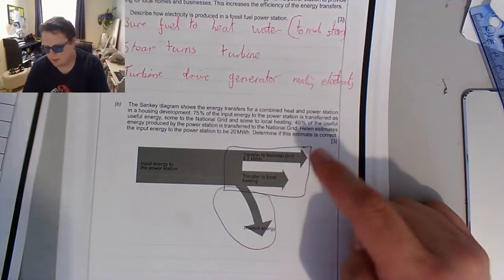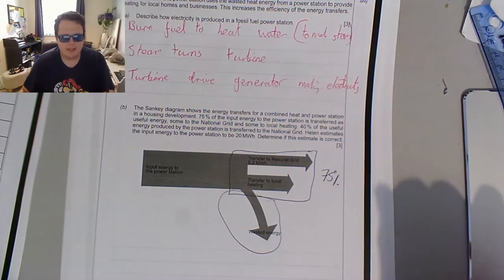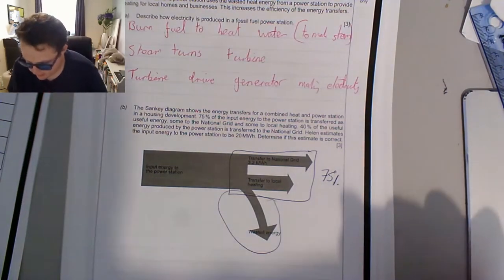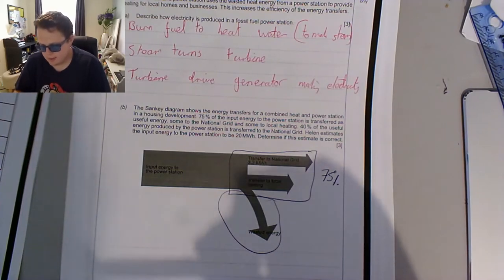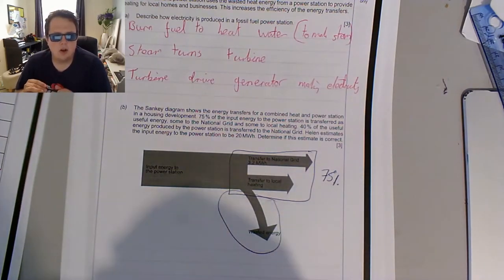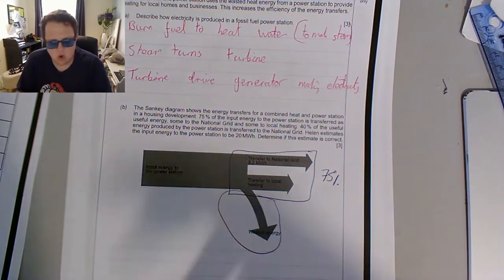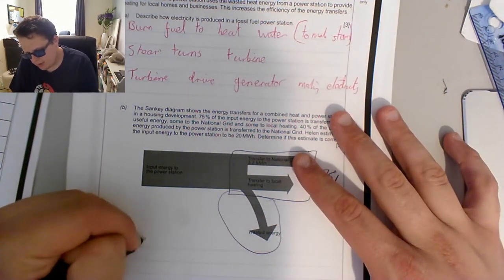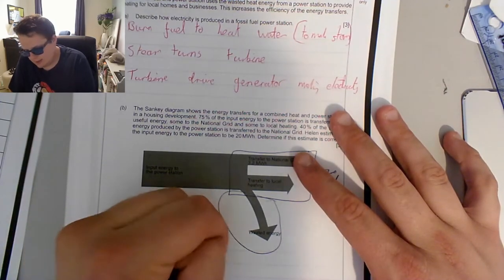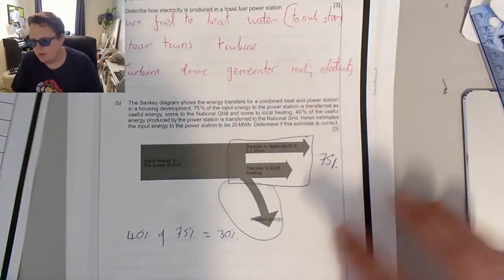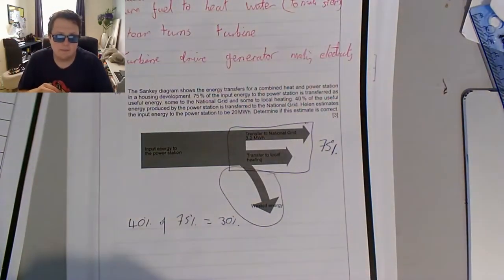No. This here is 40% of 75. So our 3.2 megawatts is 40% of 75%. Or, if we write this down, 40% of 75% is, if you work that out, 30%. If you find 40% of 75, you get 30.